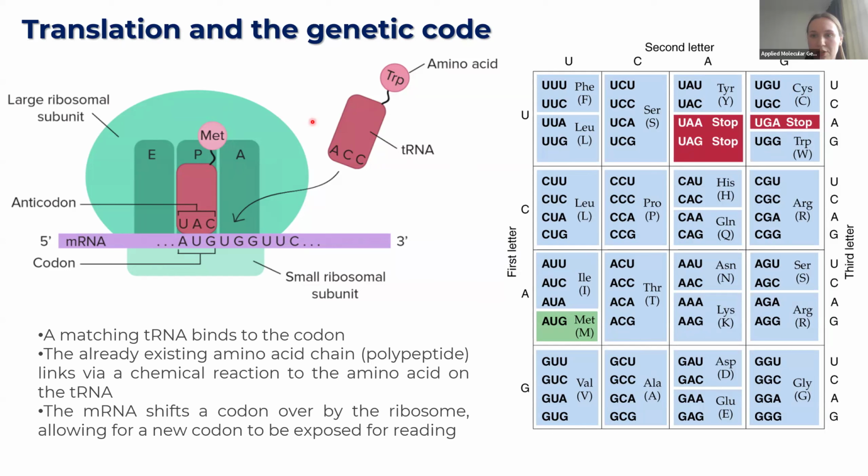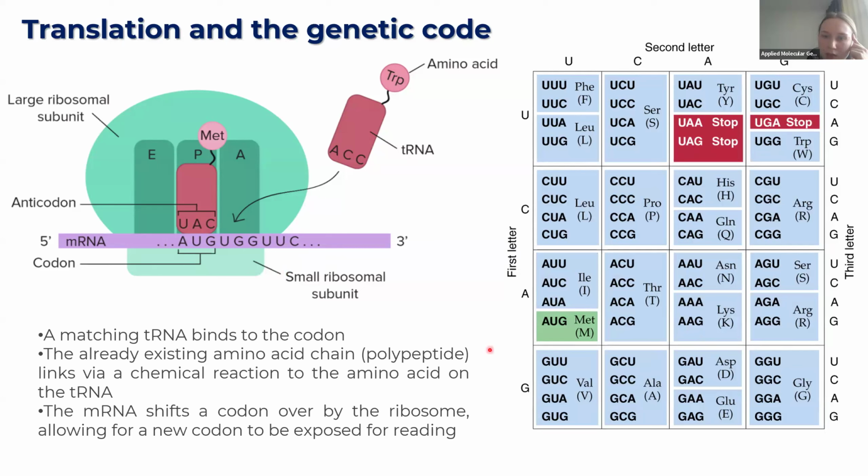So transfer RNA attaches to the messenger RNA through the anticodon-codon stem loop. Here we have the codon, and on the tRNA we have the anticodon, and they form some kind of bonds, and then the amino acid is attached. If there is a match, the amino acid is incorporated into a newly synthesized protein, and the ribosome shifts in exact steps of one codon at a time. So it shifts by 3 nucleotides.